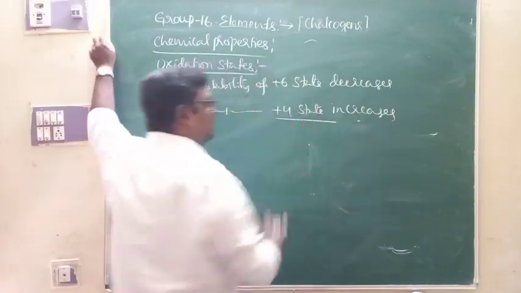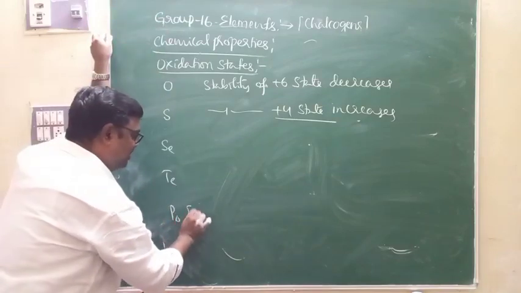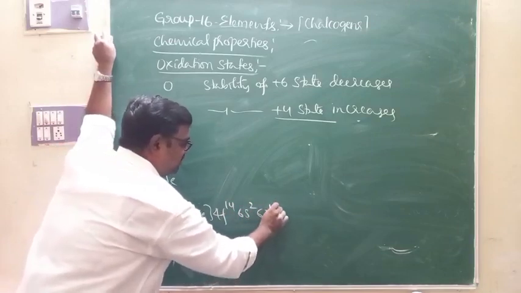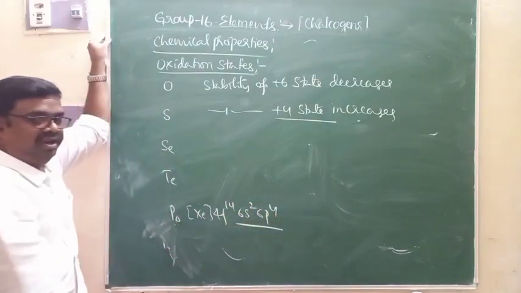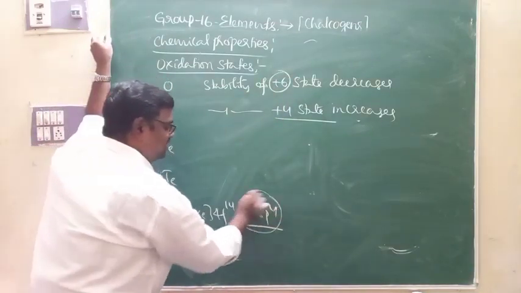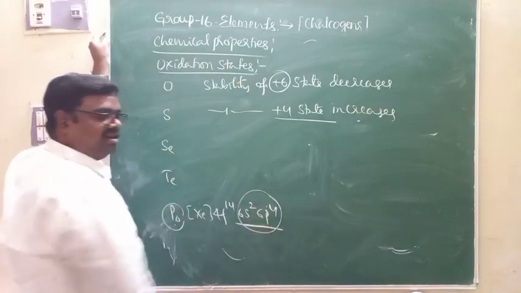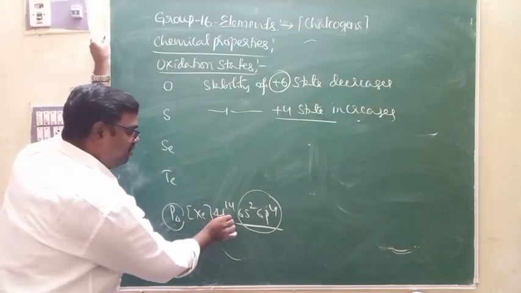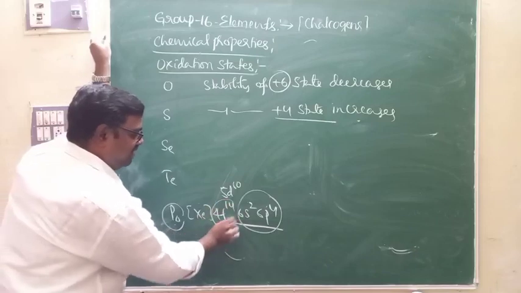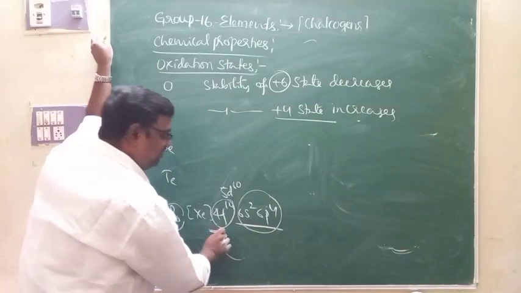If I move from oxygen to polonium, stability of +6 state decreases and the stability of +4 state increases. ಯಾಕೆ ಅಂತಂದ್ರೆ ನೋಡಿ, ಈಗ ನೋಡಿ, in the case of polonium ಏನಿದೆ, this is xenon 4f14 5d10 6s2 6p4. ಹೌದಾ? This is the electronic configuration of polonium. ಈಗ +6th state ಬರಬೇಕಂದ್ರೆ polonium has to lose all the 6 electrons, but due to the poor shielding effect caused by f electrons, polonium ಅಲ್ಲಿ shielding effect caused by f electrons will be very very weak.